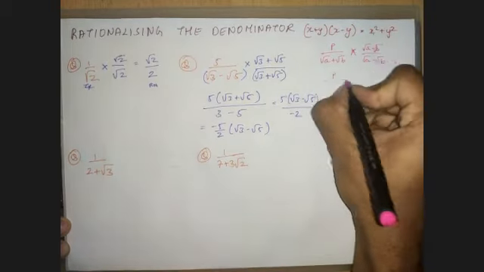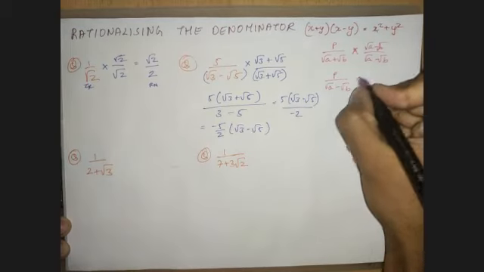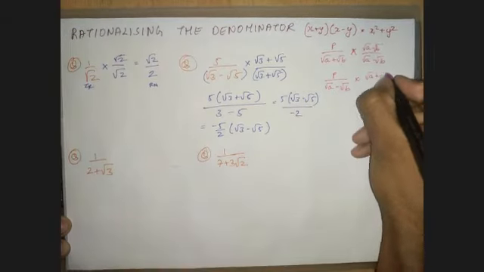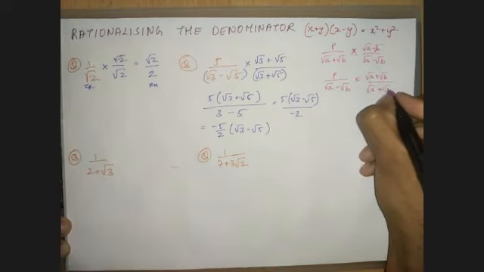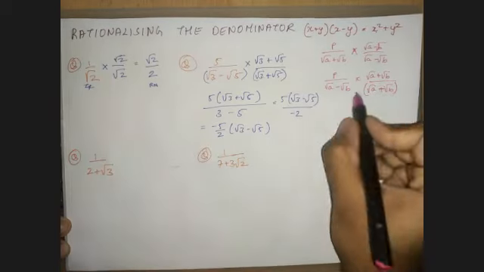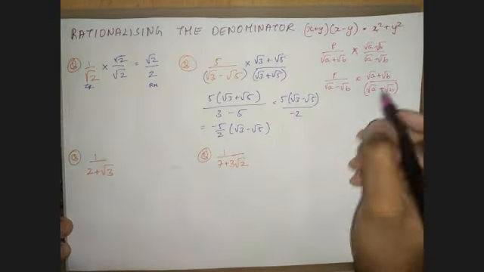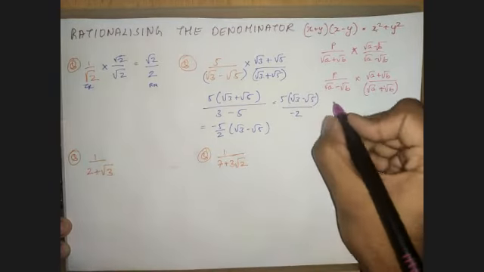And if we have some number by root a minus root b, we have to change the sign, so root a plus root b by root a plus root b. So we have to change the sign and multiply and divide with the same number so that it is 1. So it does not change the value of the equation.